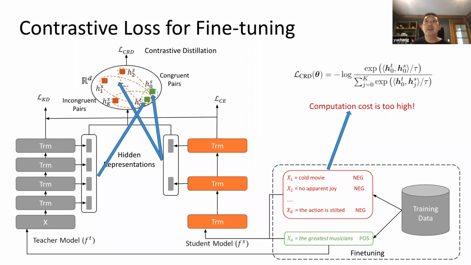But one issue with using contrastive loss here instead of directly using L2 norm loss is that to calculate this InfoNCE contrastive loss, you need to construct both positive samples and negative samples, right? Positive samples are simple: you can use in-batch samples as positives. But negatives are different.